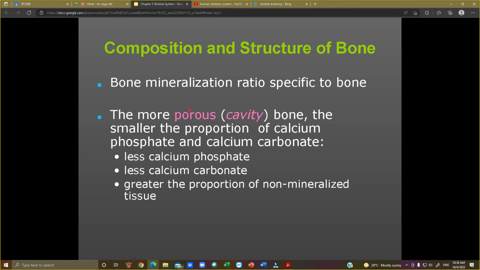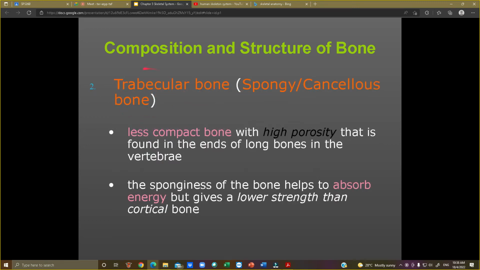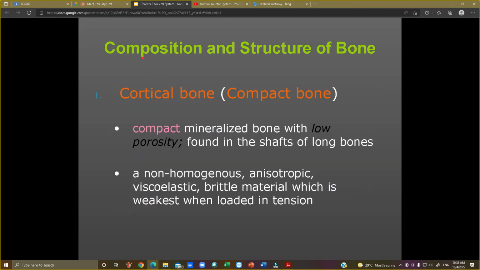And these two structures are known as cortical bone and trabecula. Cortical bone compact, penuh, no holes, no sponge.